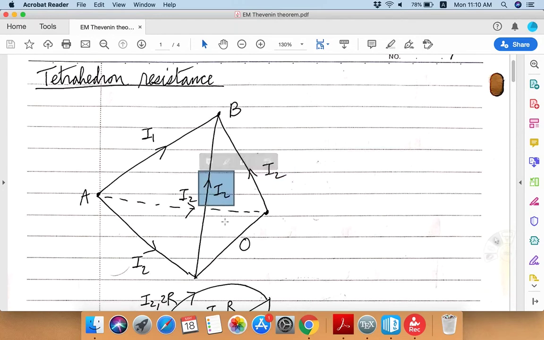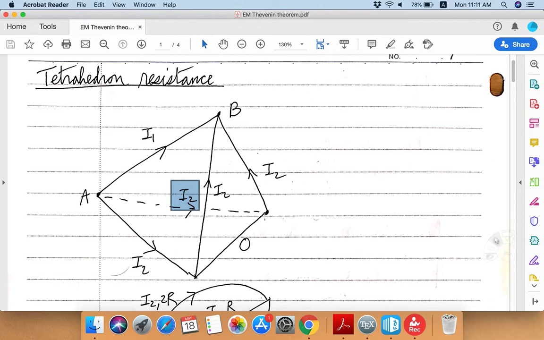something like this. Okay, so tetrahedron is a highly symmetric object, right? So if the current that flows along this edge were I2, that's the amount of current that flows along this edge, then there's no other choice but to have exactly the same amount of current flowing through this edge that I drew in terms of dotted lines, right?